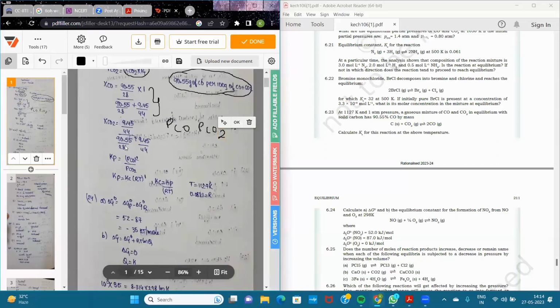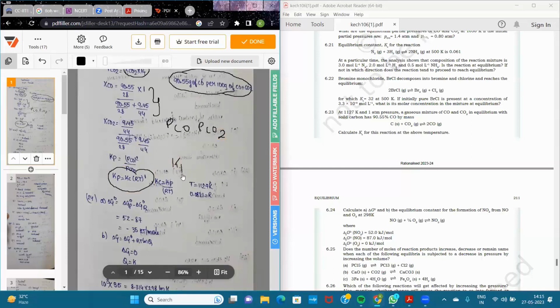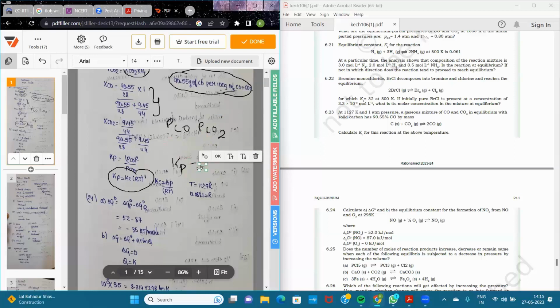From this, initially we derived the Kp and Kc relation for a given reaction in the last session. I'll just remind you again, Kp equals Kc into RT power delta Ng.